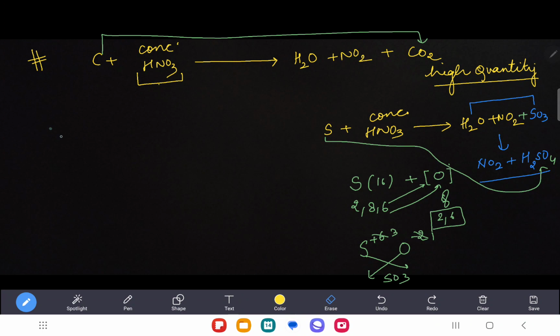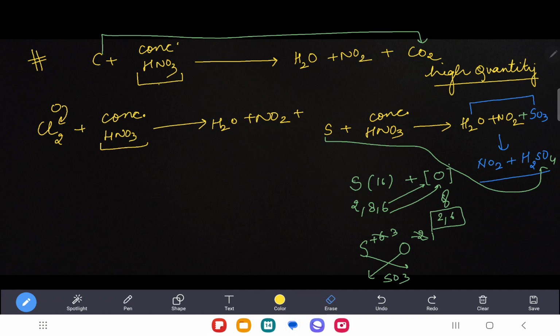So similarly, let's talk about if I add chlorine with concentrated HNO3. So how would you actually form the product? HNO3 on sitting will give me H2O plus NO2 plus nascent oxygen. That nascent oxygen will combine with chlorine, isn't it?